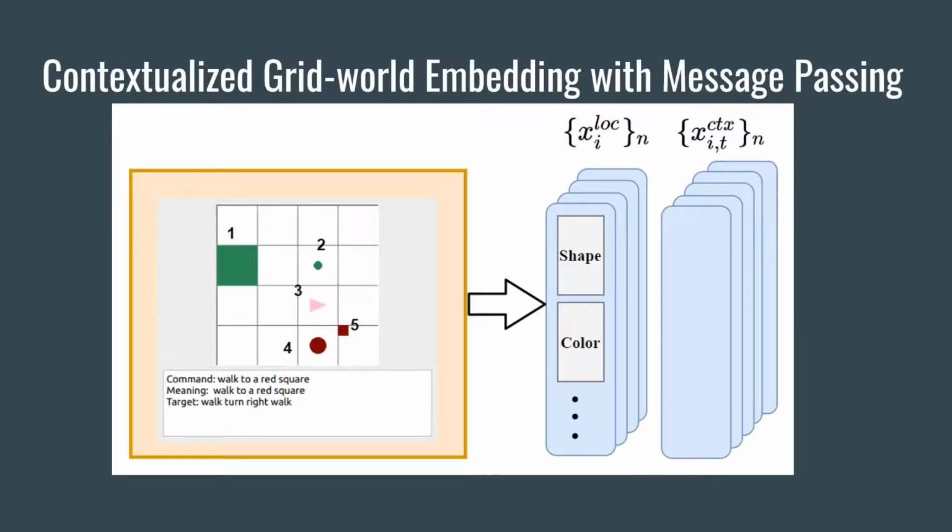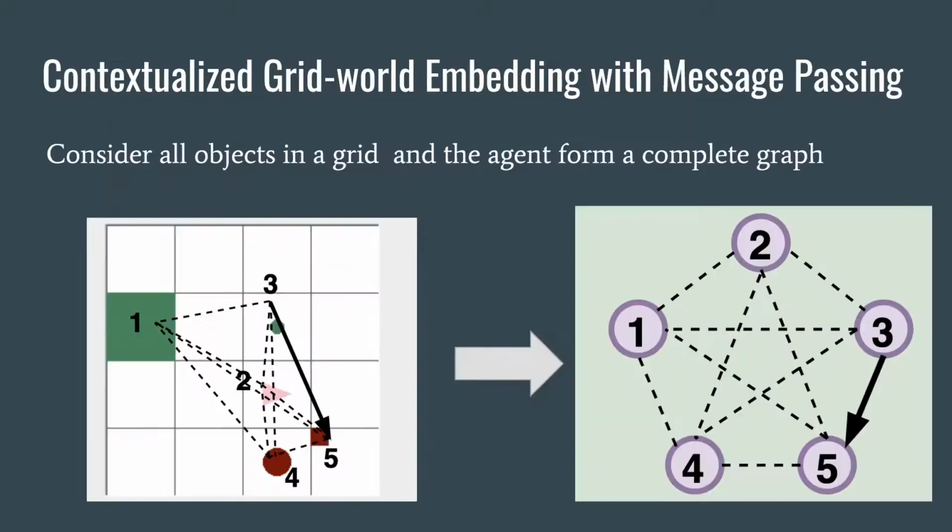Then we concatenate all of them as the object's local embedding, as you can see in the first column on the right. After that, we also need to initialize the object's context embedding with the local embedding. So before any message passing, we just copy the local embedding to be the initial context embedding.